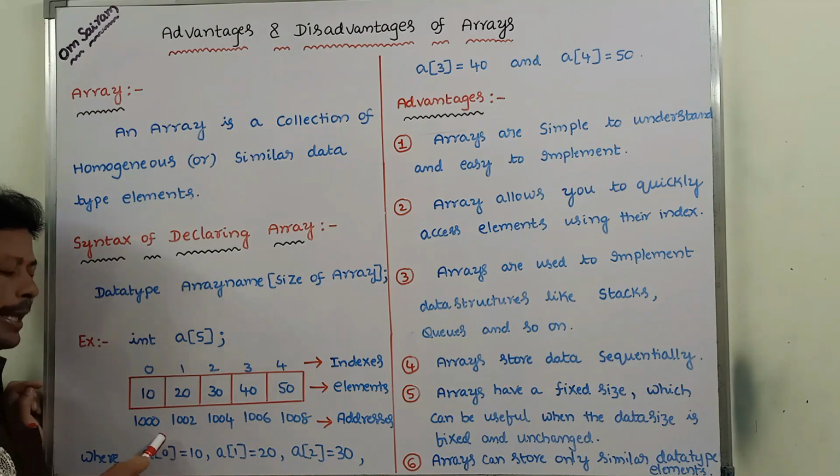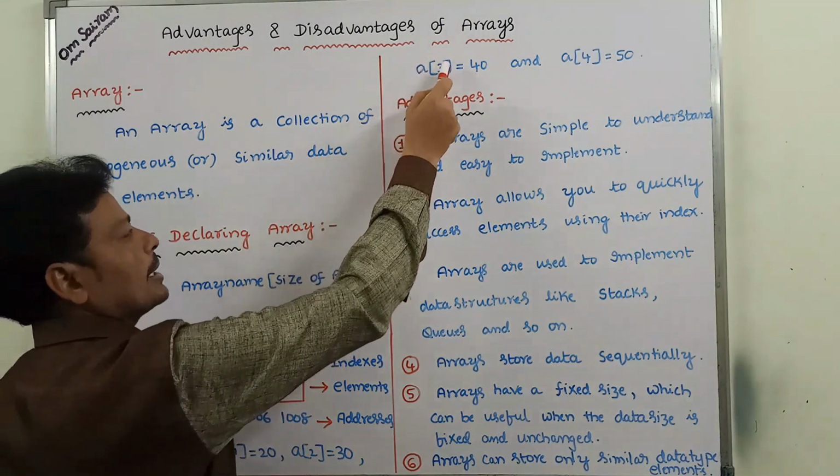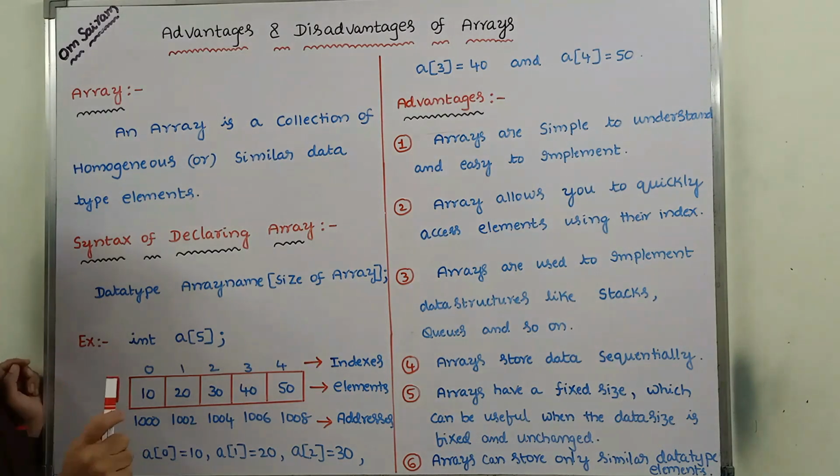Here 0, 1, 2, 3, 4 are indexes. To access an element from the array, we use the index. By using that index, we can access any element in the array very fast.